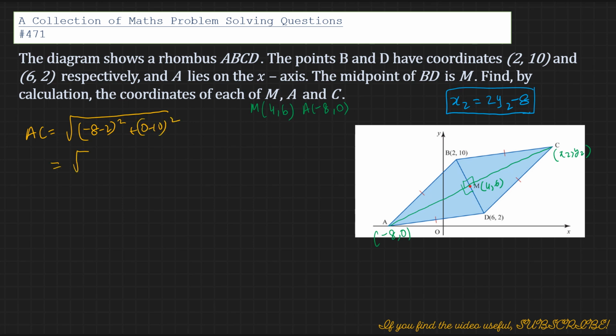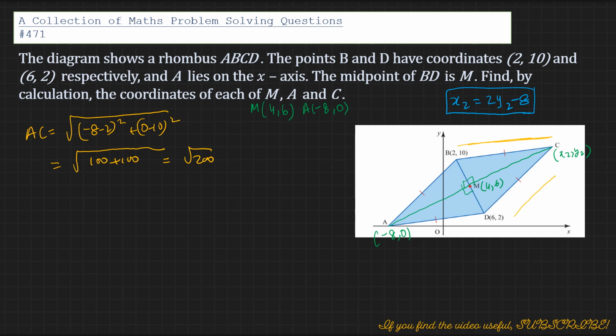So that would give me 100 plus 100, and that would give me square root of 200. So that's the distance, and BC, or CD, should be square root of 200 as well.